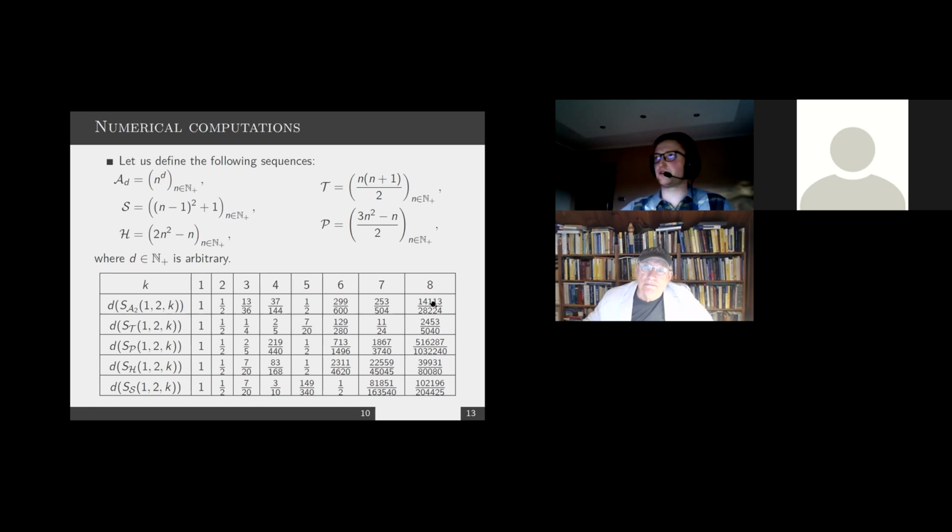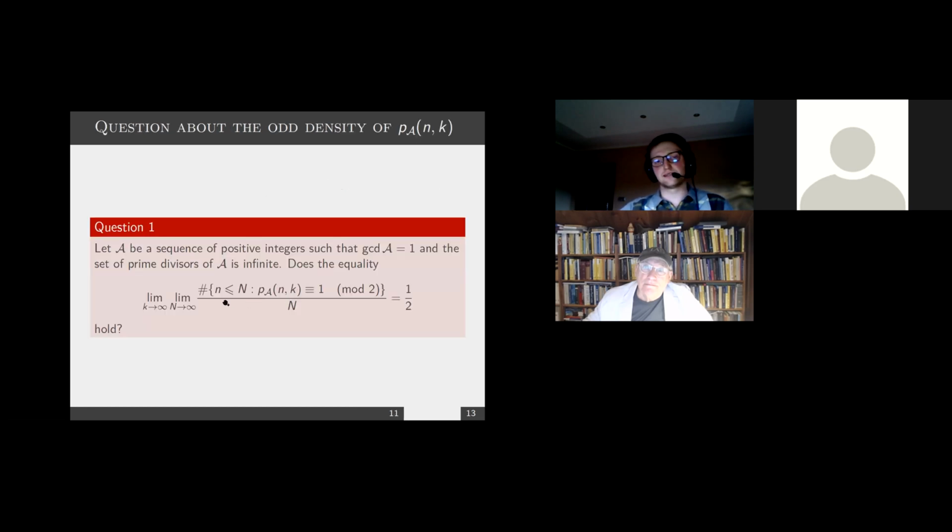So the question arises, what is the difference between these sequences and the sequence of the consecutive powers of 2? It's very clear, because these sequences have infinitely many prime divisors. So maybe the following problem makes sense.